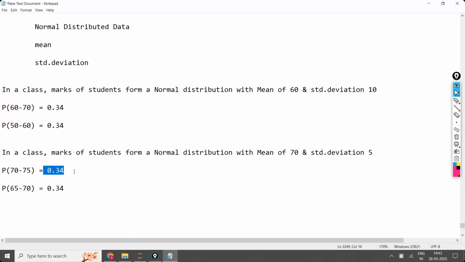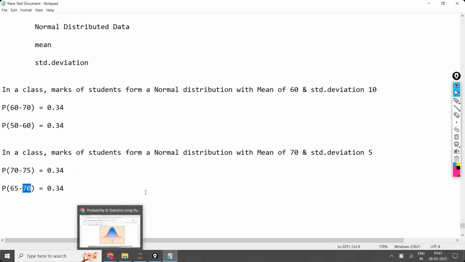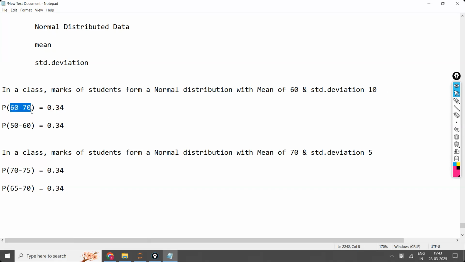That is the probability. Now, if it is mu minus 1 sigma to mu, what is the value? 0.34. In this example also, the mean is 60 with a standard deviation of 10, and I asked to calculate 60 to 70. What is 60 to 70? Mu to mu plus 1 sigma, it is 0.34.